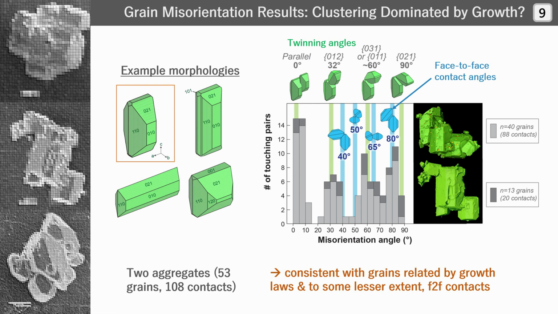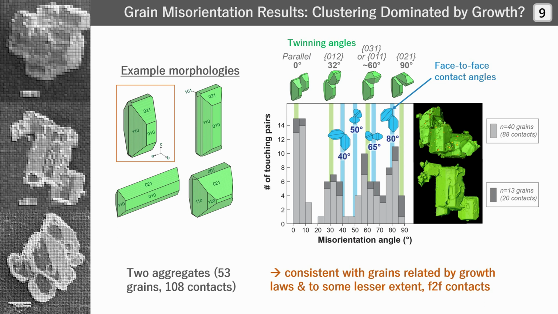Behind these histograms, I'm showing green bars that would correspond to things like parallel growth or near 0 degree misorientation, and those that correspond with known twinning angles in olivine. So essentially green things are consistent with growth-related clustering.